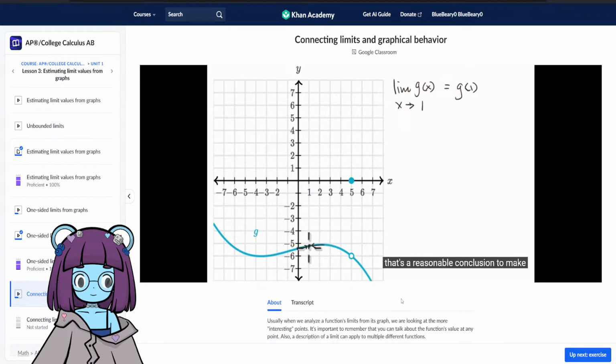So that's equal to g of 1, because it is not undefined.